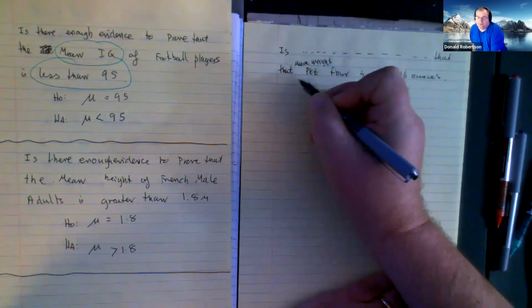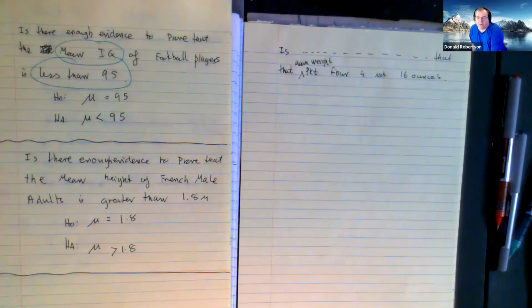So you're buying flour out of some warehouse and you're getting a feeling that you're not getting 16 ounces. You're not sure what, but it just doesn't feel right, right? It might be that you're only getting 15 ounces. It could be you're getting 17, but whatever it is, it ain't 16, right? It's not the same as.